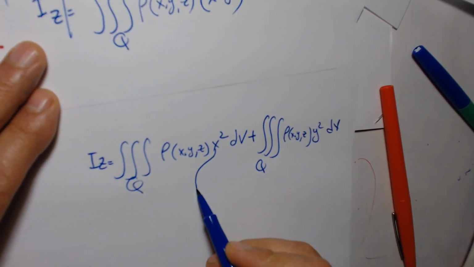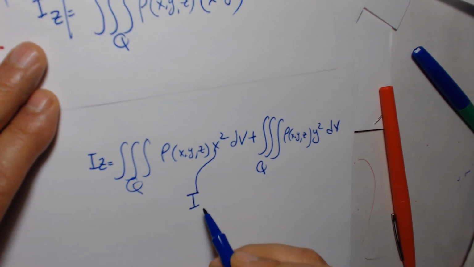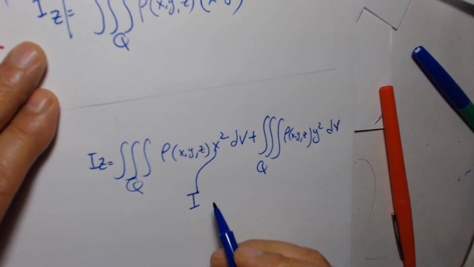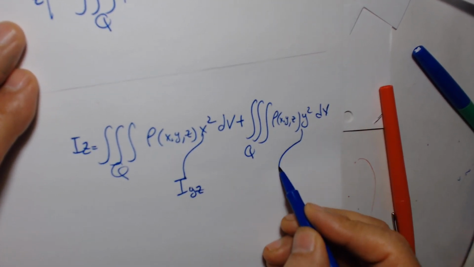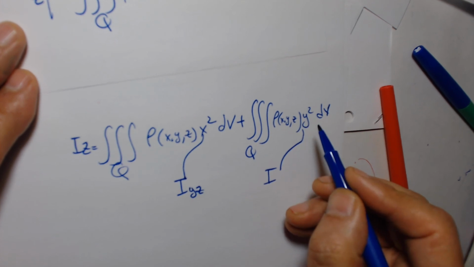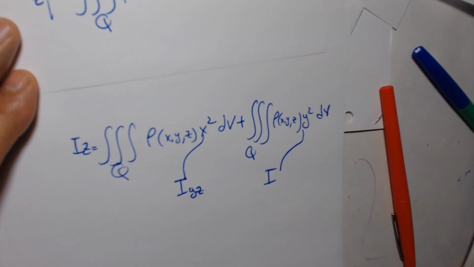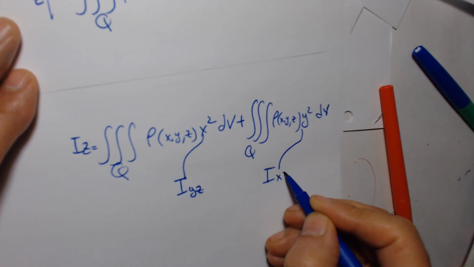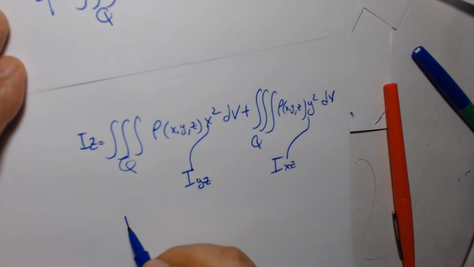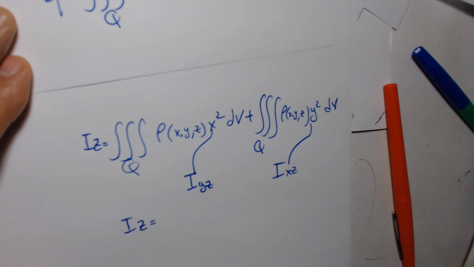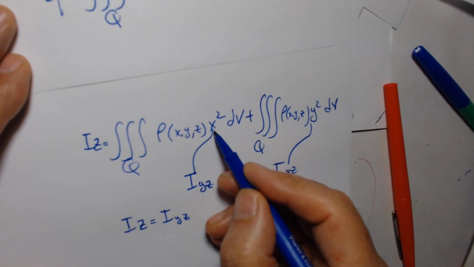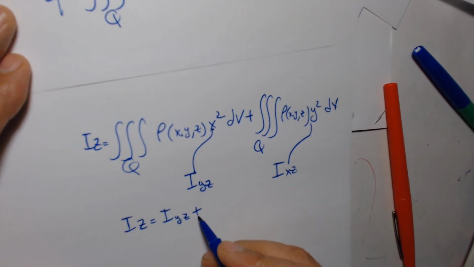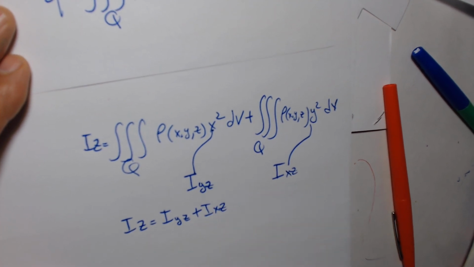X squared is the moment of inertia about a plane, and that plane is y and z. This is the moment of inertia about a plane, because remember you eliminate one of the variables. Therefore Iz can also be done as the moment of inertia about the plane y and z, plus I about x and z.